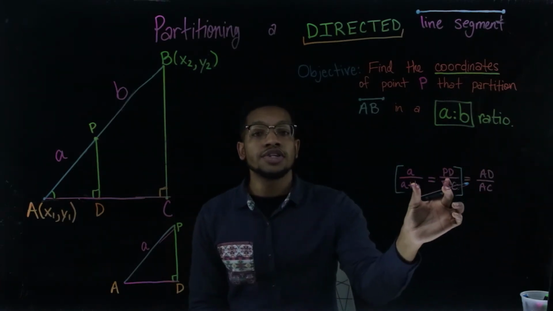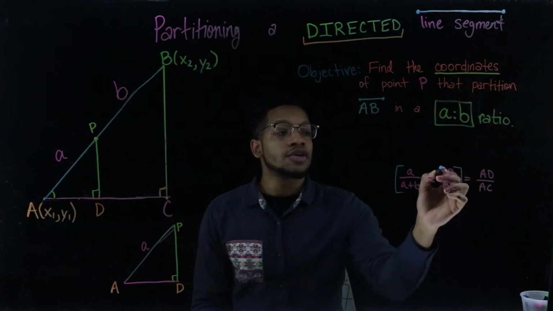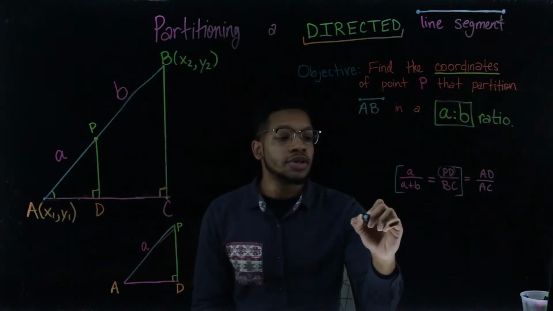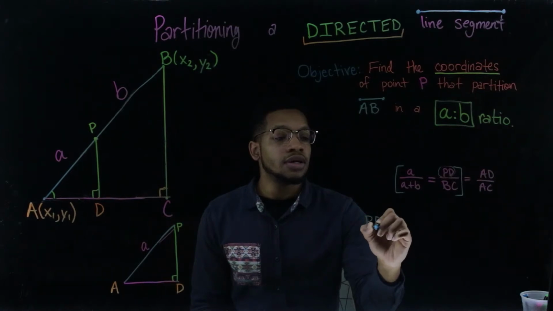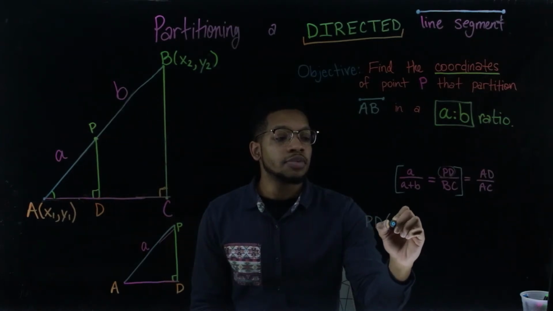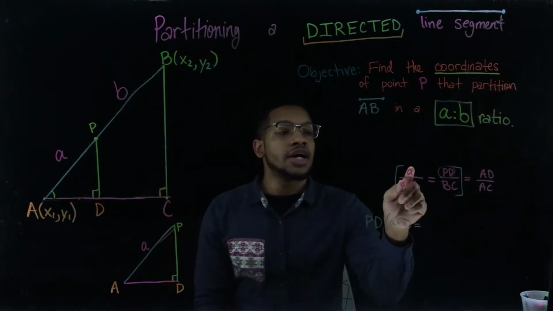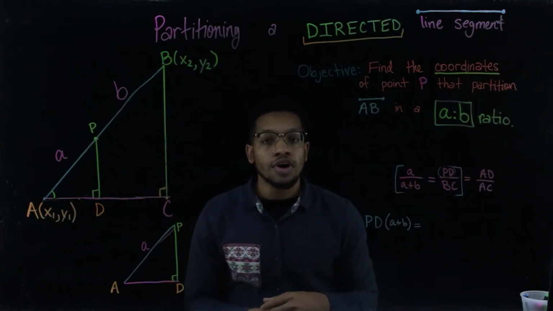Since we know this relationship is true, we can cross multiply and try to get PD by itself. That'll leave me with PD times A plus B equal to A times BC. All I'm doing is cross multiplying.